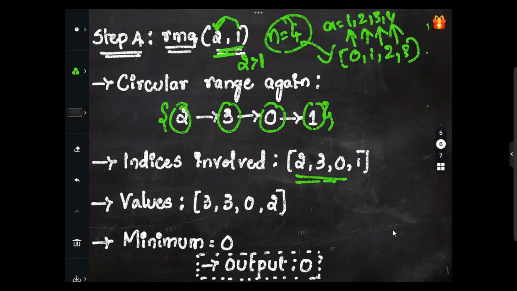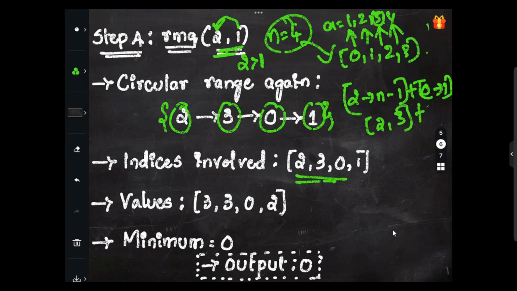So we split it as 2 to n minus 1 plus 0 to 1. N minus 1 is the value 3 here. So this becomes 2 to 3 plus 0 comma 1, right? N minus 1 is the last value, that is 3.